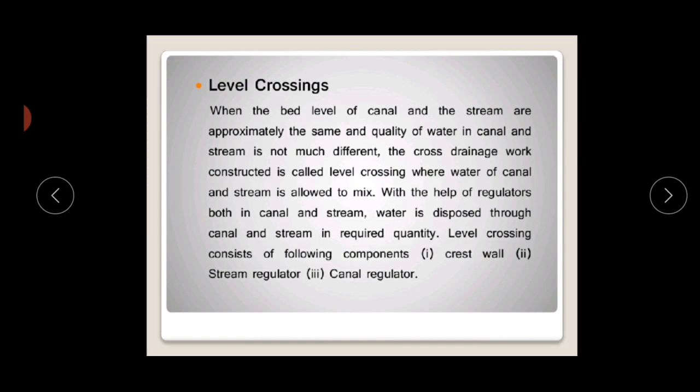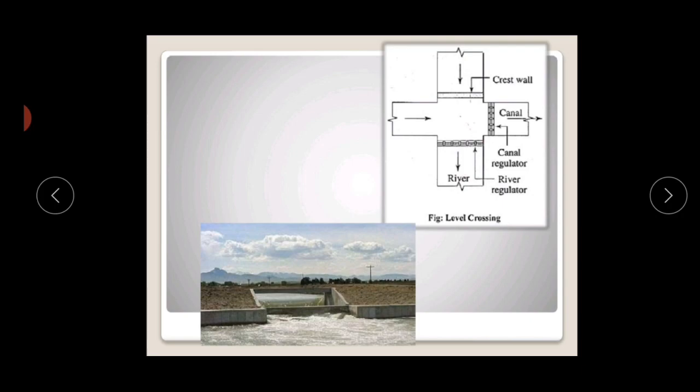Let me show that in a diagram. Here you can see this is your river, this is a drainage, and this is the canal, and here we are going to provide a regulator so that the water can be discharged whenever we want.